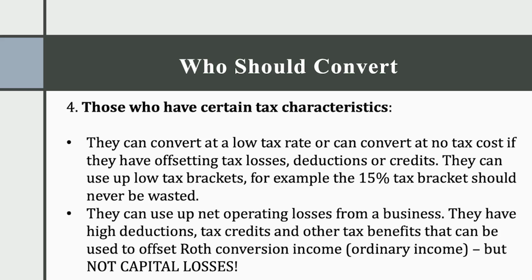Now, this is another thing. If you're in a low tax bracket, you can offset these tax losses, deductions, and credits. So, for example, if you're in a 15% tax bracket, you shouldn't waste it. Okay. So, for example, let's say you are a business and you've got net operating losses.